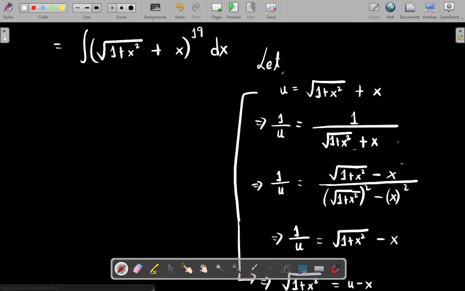After doing this, and since u is this, we have 1 by u as the conjugate. This is square root of a plus b, this is square root a minus b. Okay, this is 1 by u. So now this entire thing here is just u to the power 19, right?